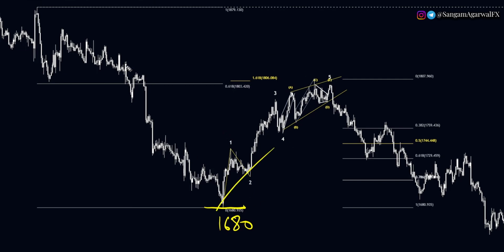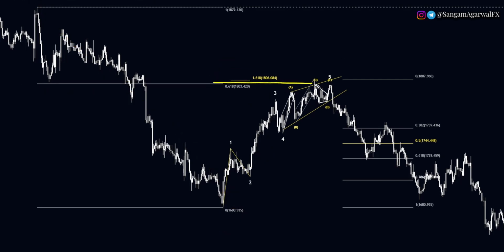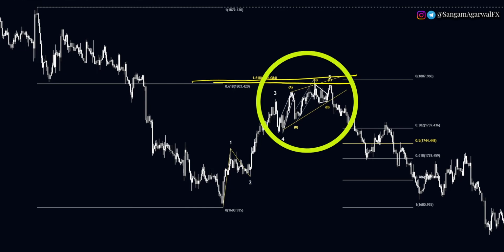So, same as the bottom, the previous wave from top to bottom had a 61% retracement level at 1803, and we will use that number. And you know the 61% retracement level is always a last key retracement level, and the fifth wave is ending right here, so this can be our top.